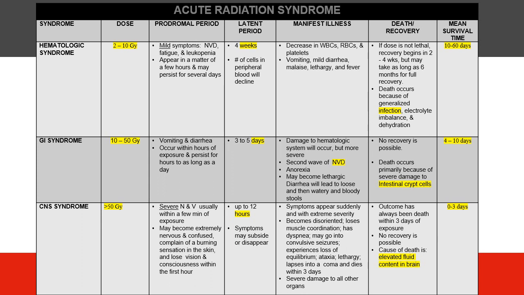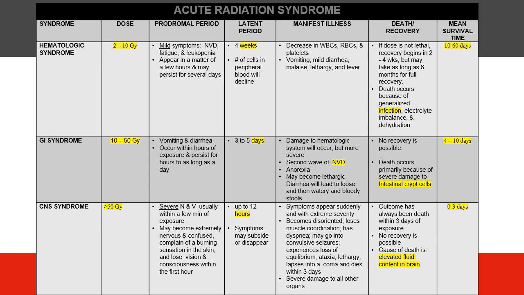So if a person received 5 gray, they would definitely undergo the hematologic syndrome. Doses have always been able to be estimated, as these are usually accidents that have occurred, or a person was poisoned, like the Russian spy who was poisoned. Different things have happened where we've seen people go through radiation sickness, as recently as a decade ago.